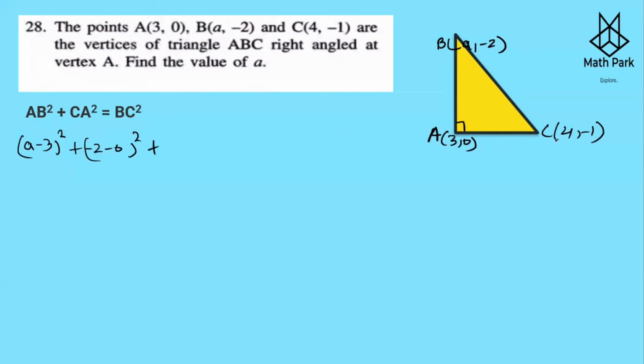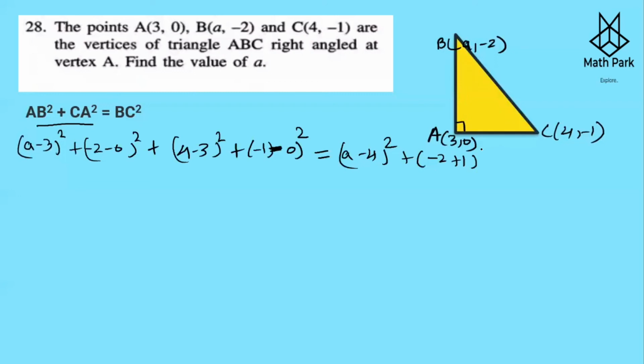When I am finding CA, I can take 4 minus 3 the whole square plus minus 1 minus 0 the whole square, which is equal to BC square. Now BC square is a minus 4 the whole square plus minus 2 minus of minus 1, which becomes plus 1, the whole square.